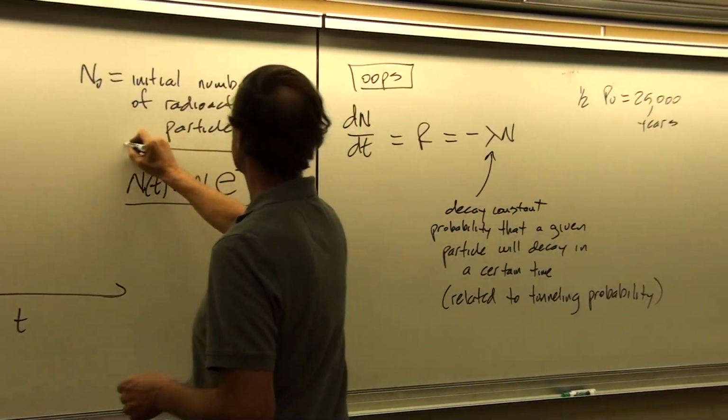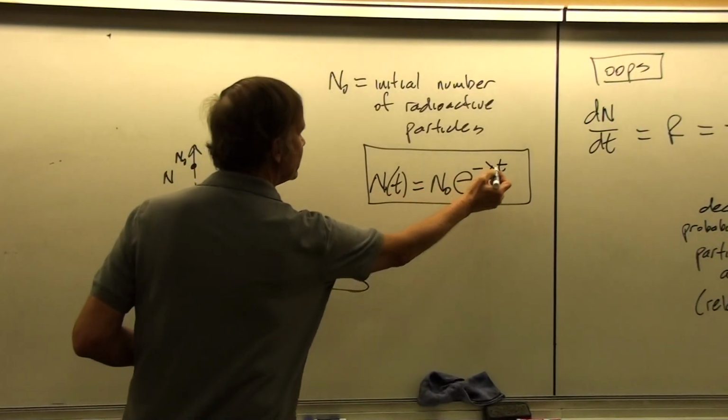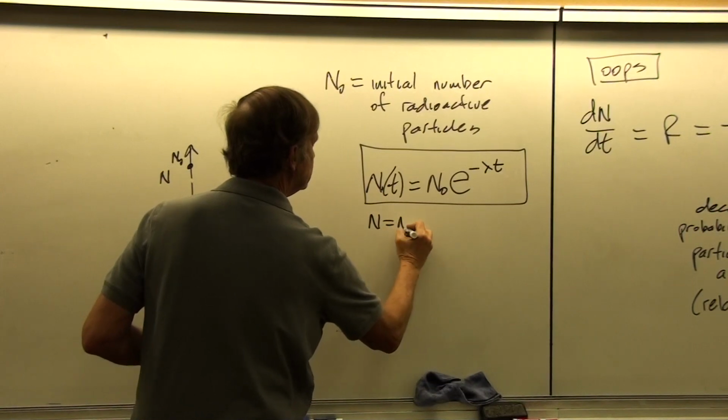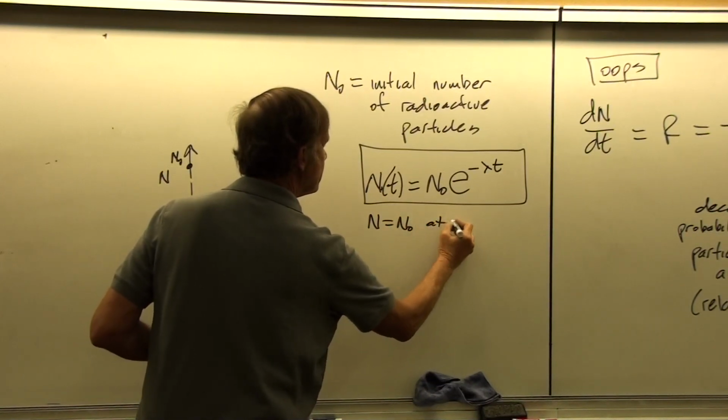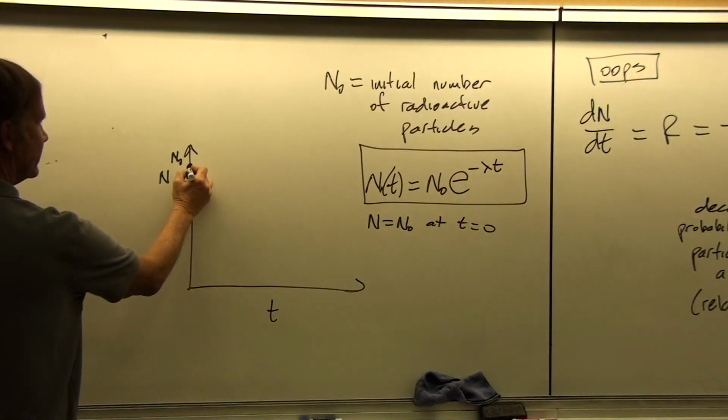Well, this shows us that there's an exponential decay. It starts out at time equals 0, N is equal to N naught. So here at time equals 0, we have N equals N naught.